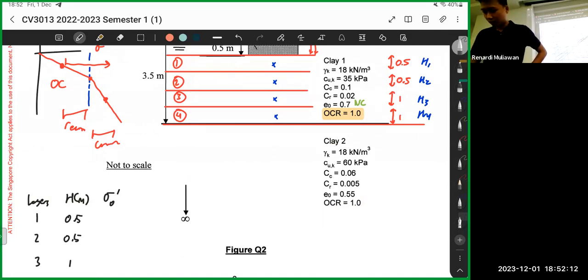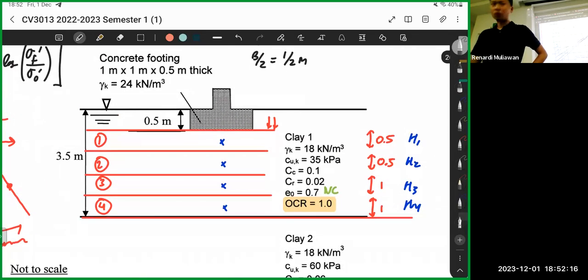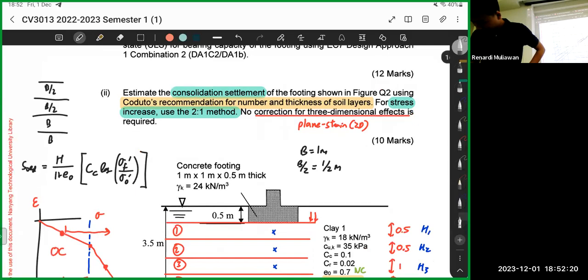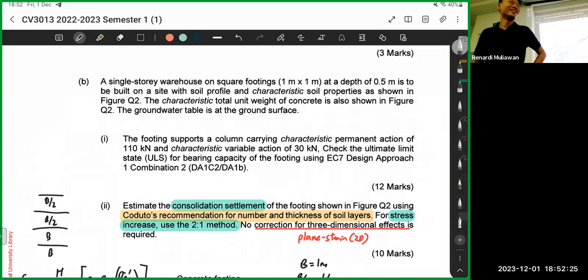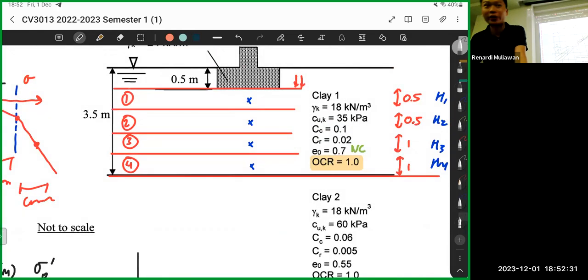Okay. So in this case, or not before you add the foundation, before you add the, wait, do you add the weight of the foundation? Okay, never mind. Anyways, so for example, I'll just give you one example. So for layer 1, your middle of layer is located here. So what's the initial effective stress there?